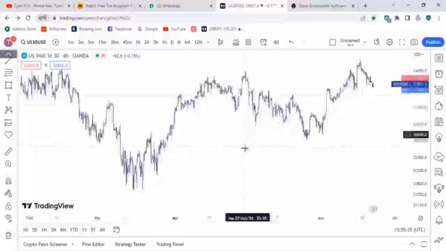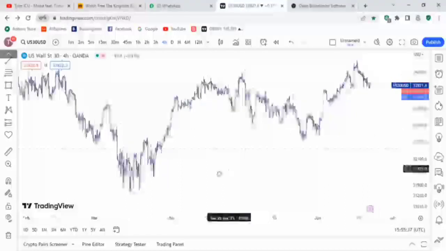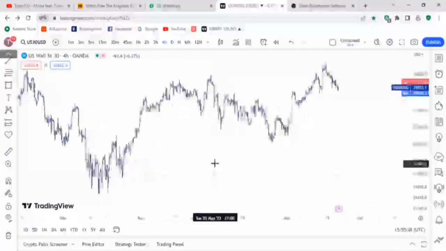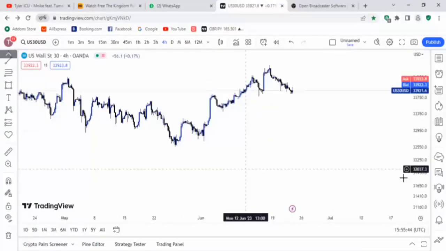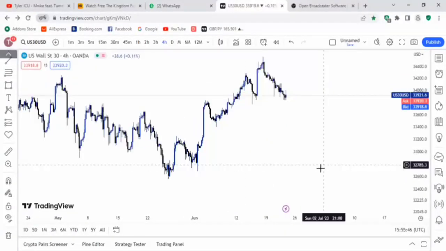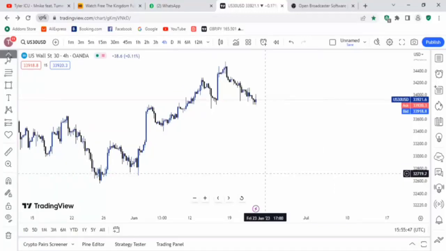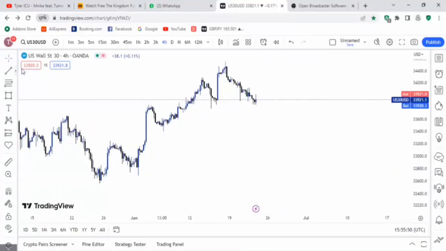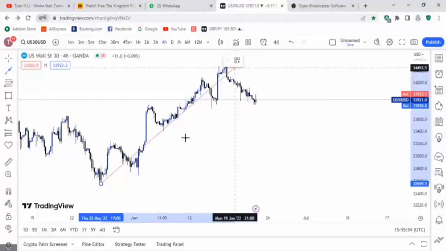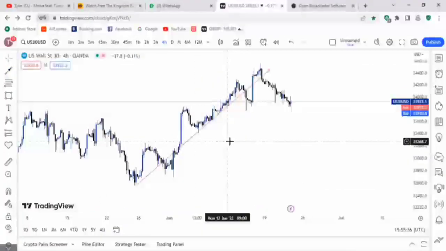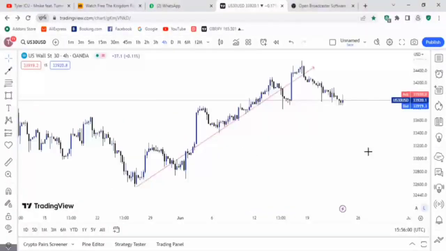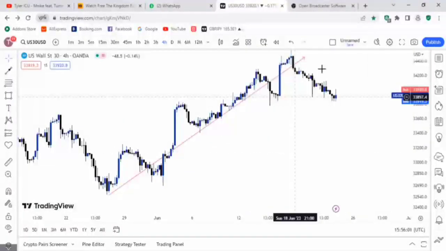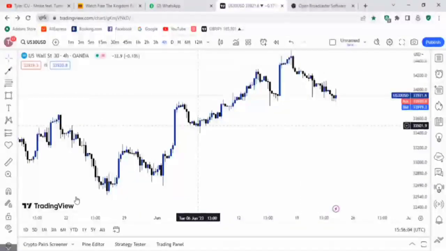In this 4-hour time frame, I would like us to focus on the current structure, from here up to here. So in this current structure, you can tell already the market is moving in an uptrend. The reason why I'm saying in the current structure the market is moving in an uptrend is because of this.